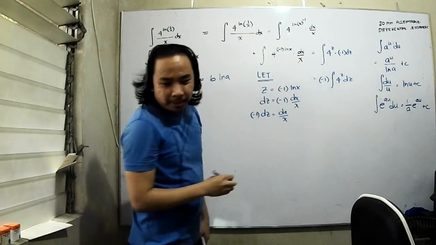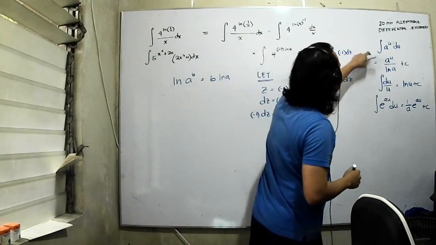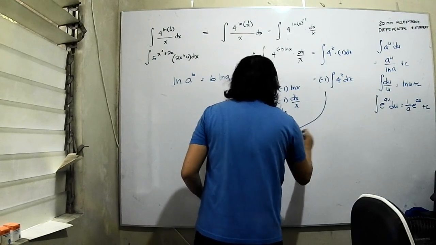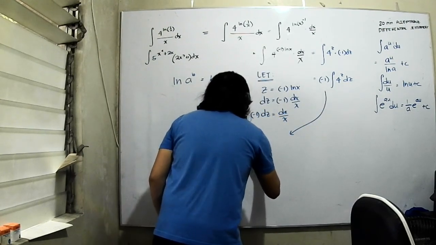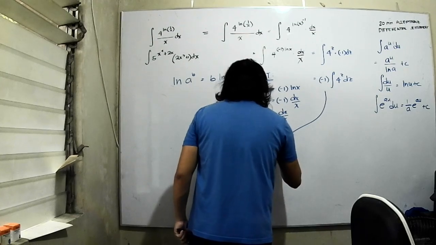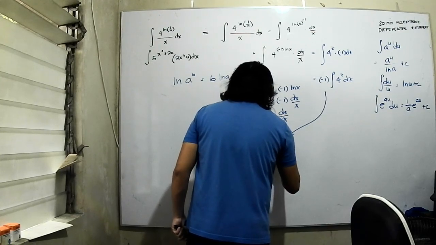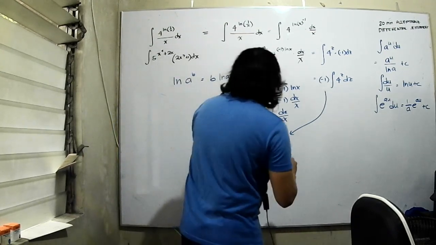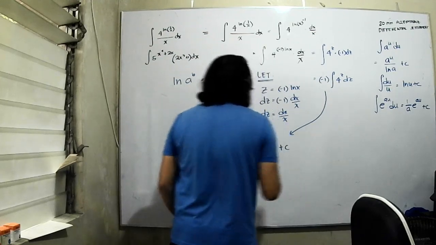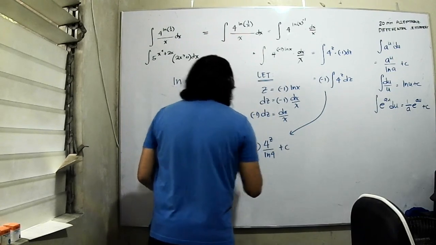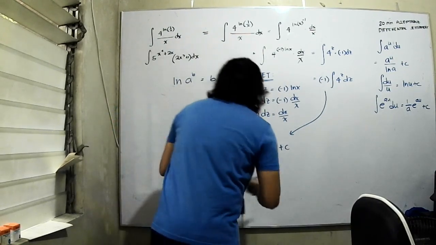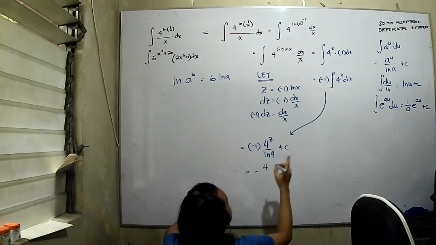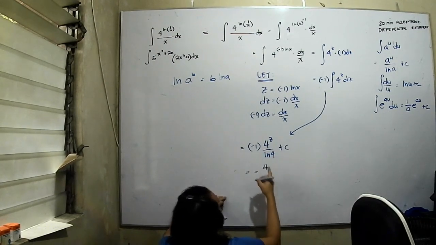Diba? So we use the formula from earlier. It readily becomes negative 1 times 4 to the z over ln 4 plus c. From z, I go back to x. Going back to x, negative z is equal to negative ln x.